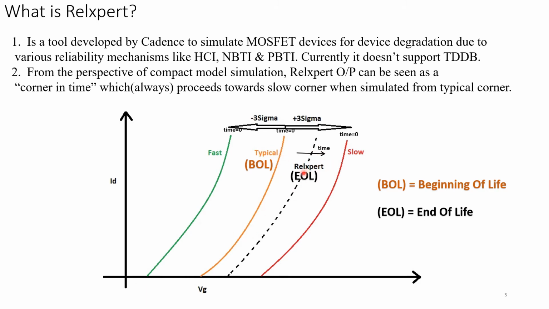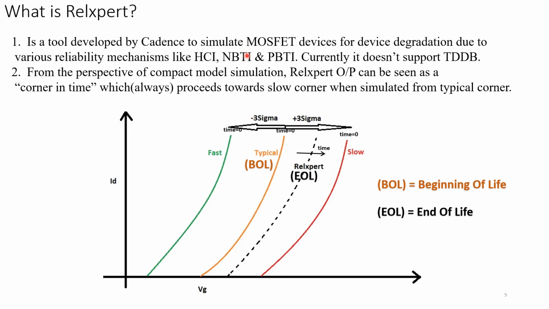So what I can do is implement the HCI, NBTI, PBTI models, which are the stress models generated, as I explained in the previous slides, which have some form of equation. For the limited stress time from which you created that equation, you assume that the equation is also valid for, let's say, 10 years.